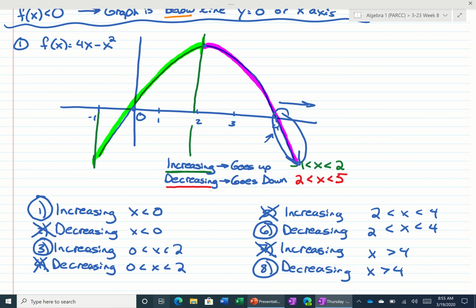Let's take a look at the next part. The next part is asking me, based on the graph of the function, which statements are true. So what I'm going to do is copy the graph so we can answer this next one.